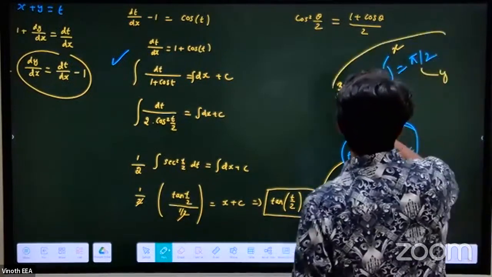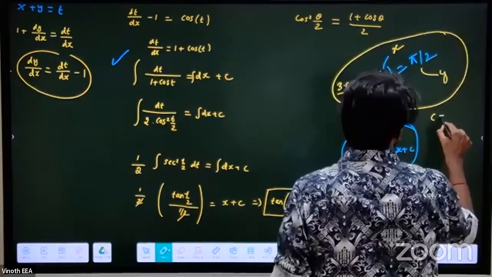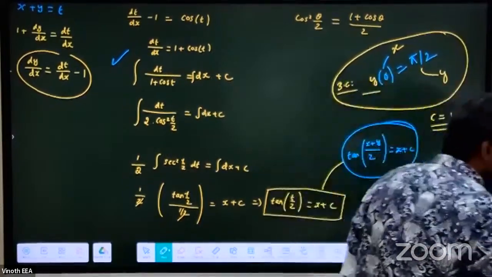If I substitute this boundary condition, I will get c as 1. Okay, you can move to the next question.